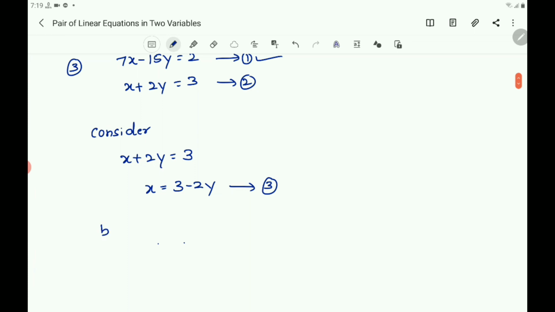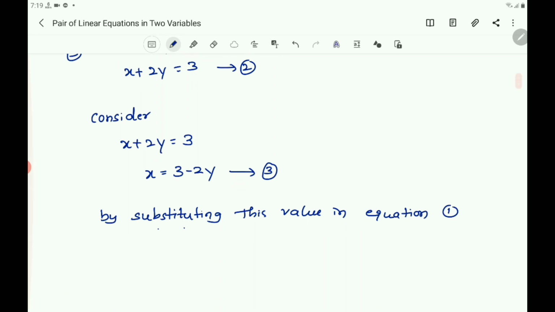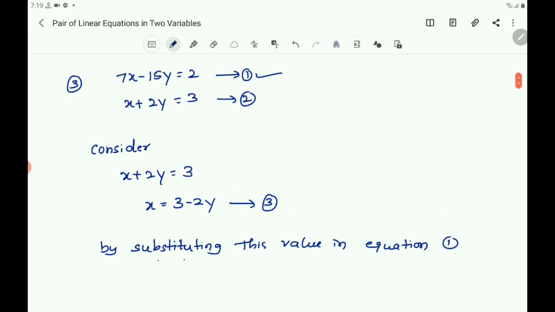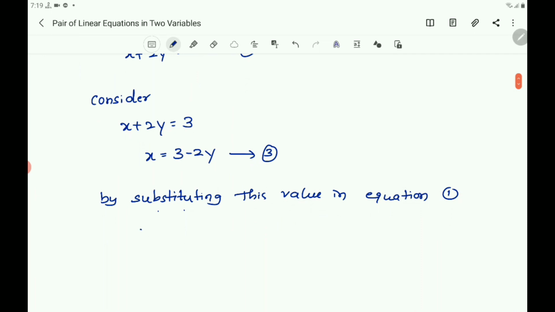That is, by substituting the value of x, this value, in equation 1. You write that equation, first equation, 7x minus 15y equals 2.